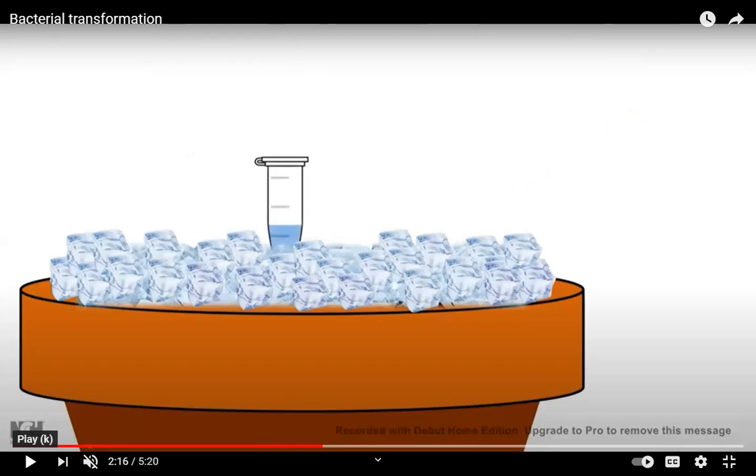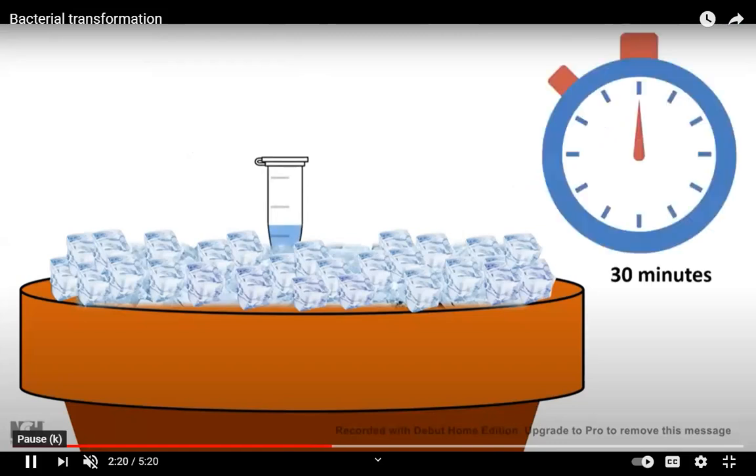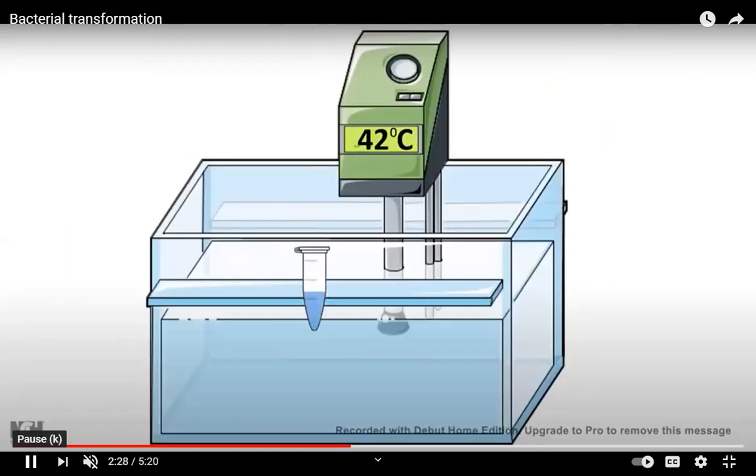We take this mixture of the plasmid digested by the enzyme and the cells, and we cool it down. In this process, you do have to let it cool for a while. We're trying to get it to change temperature so that we can do what's known as heat shock.